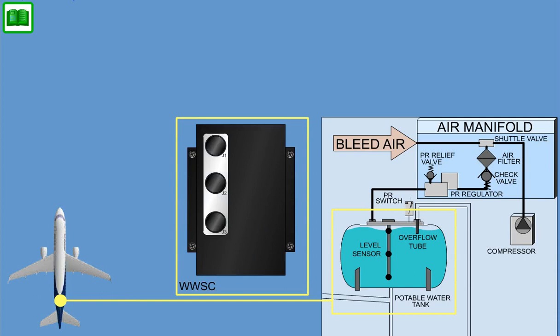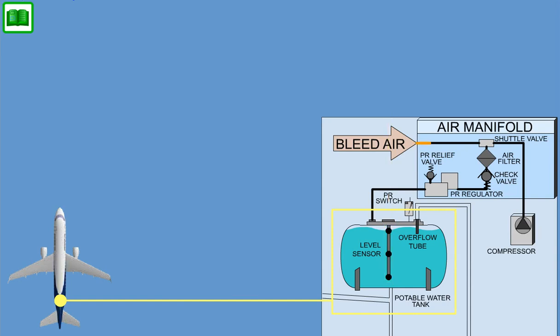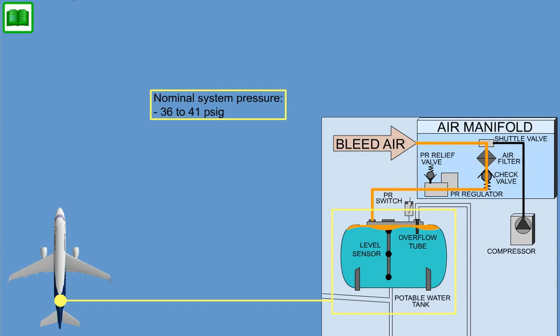The system controller, in conjunction with the level sensor, limits the usable quantity to the predefined volume. Water supply is provided by pressurization of the air cushion above the water level. The nominal system pressure inside the tank is 36 to 41 psig, 2,482 to 2,826 hectopascal.